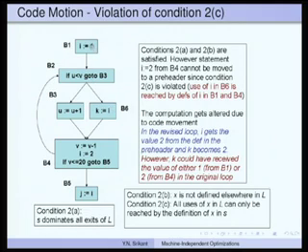So, both these definitions, I equal to 1 and I equal to 2, reach this basic block B6 and therefore, it is a violation of condition 2c. So, can we now move I equal to 2 into the basic block B1 because it is a loop invariant computation? The answer is no, because there is going to be a change in the semantics of this computation.